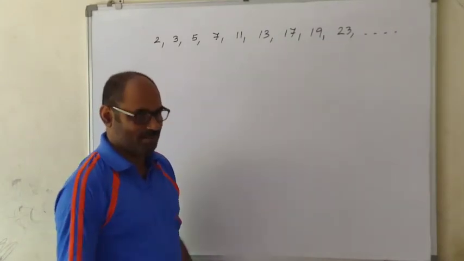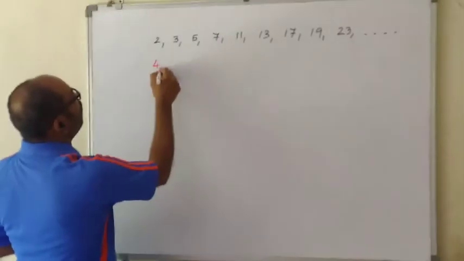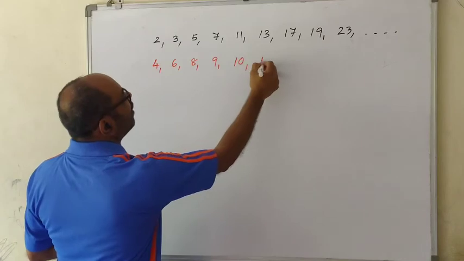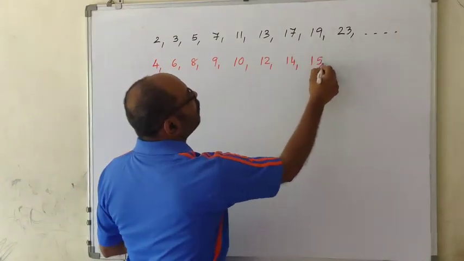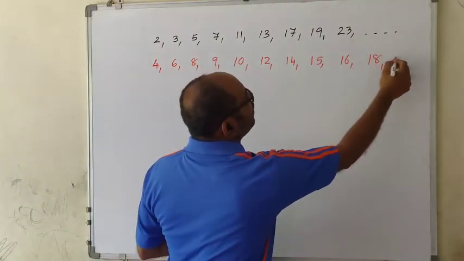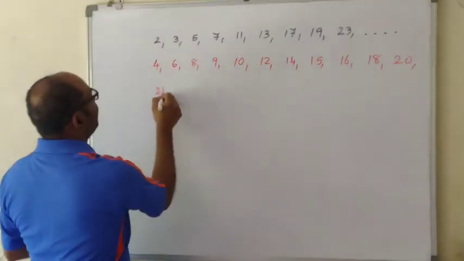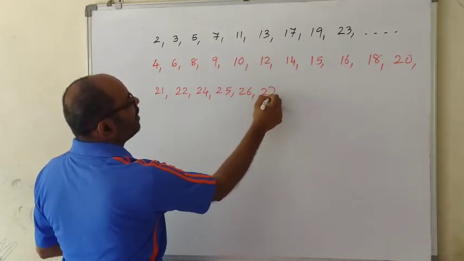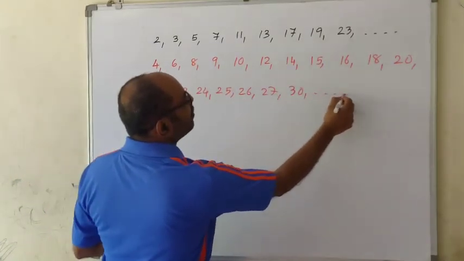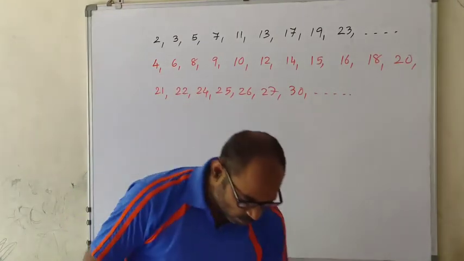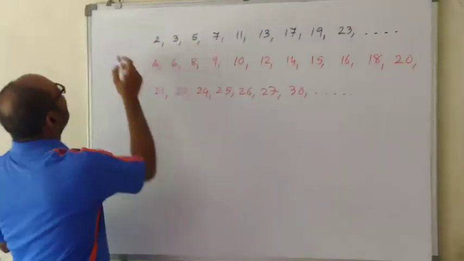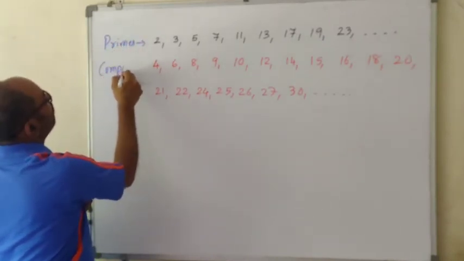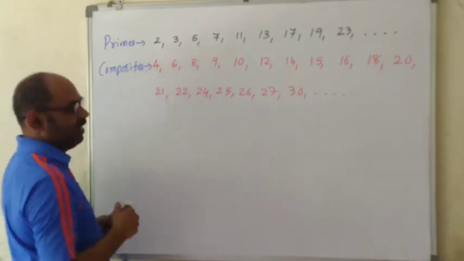They are all prime numbers. 4, 6, 8, 9, 10, 12, 14, 15, 16, 18, 20, 21, 22, 24, 25, 26, 27, 30 and so on. These are all composite numbers, correct? These are all primes and these are all composites, correct?